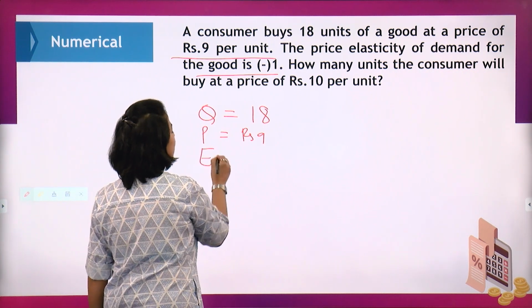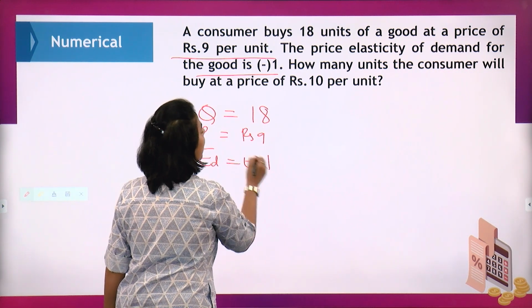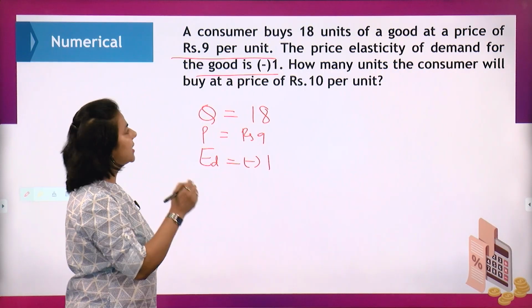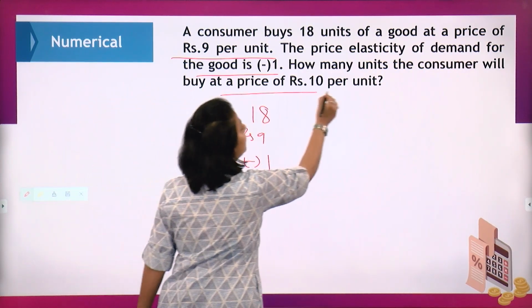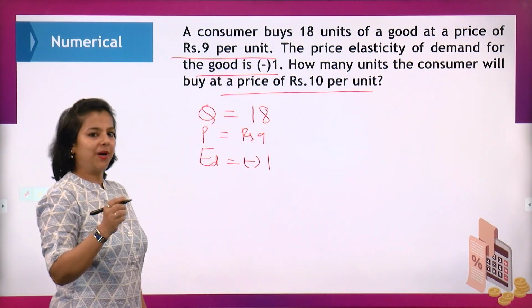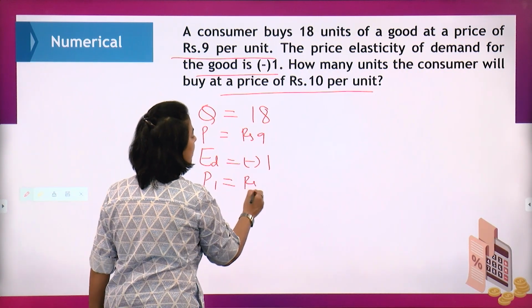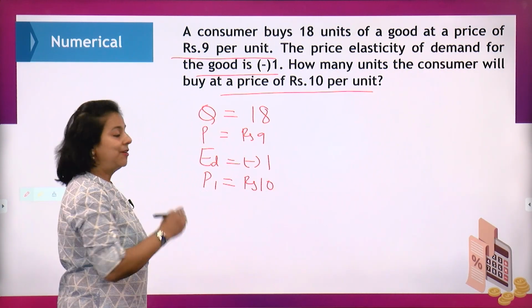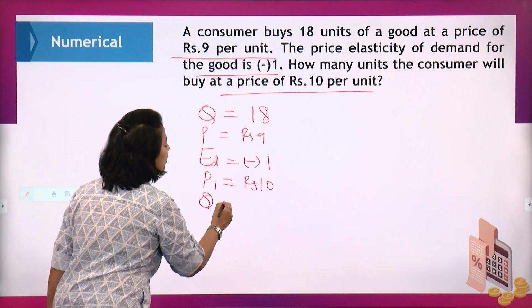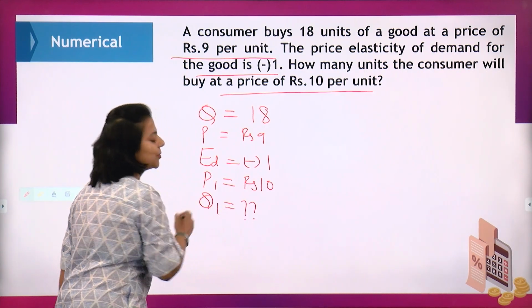So ED is -1. How many units the consumer will buy at a price of rupees 10 per unit? So P1, new price, is also given to us as rupees 10. We have to find out new quantity in this question.